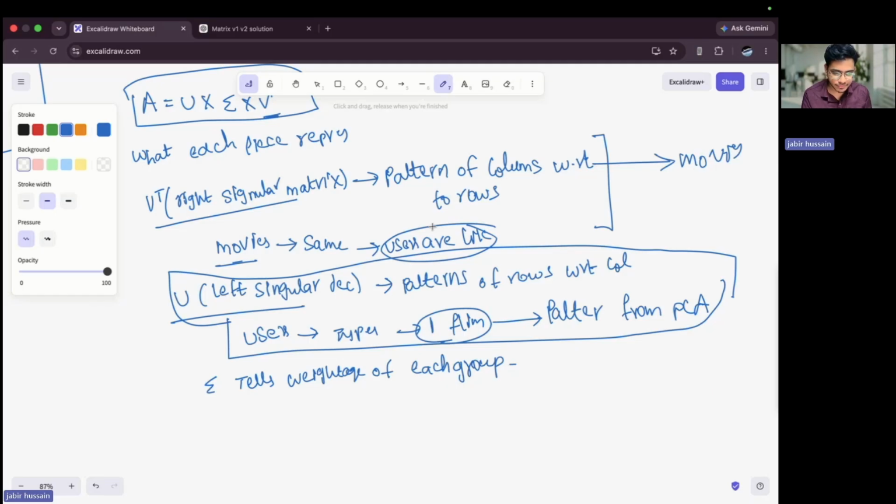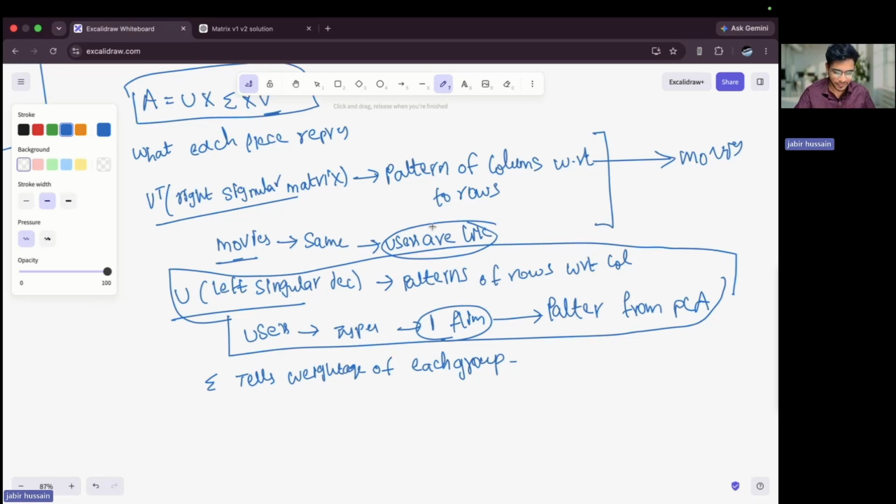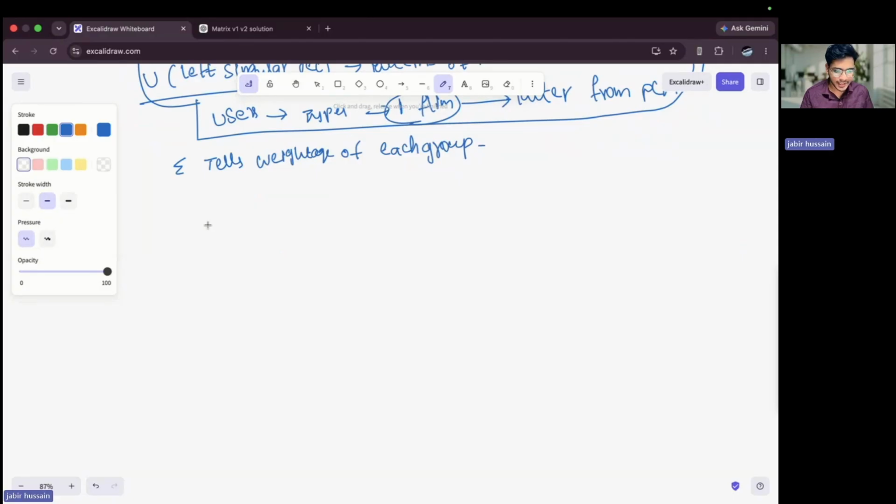In the next class, which is around 1 or 2 hours later, we will see the implementation. We will build a recommendation system for users based on their liking. For example, let's say I have Avengers movies, Christopher Nolan movies, and romantic movies, and I have user 1, user 2, user 3.